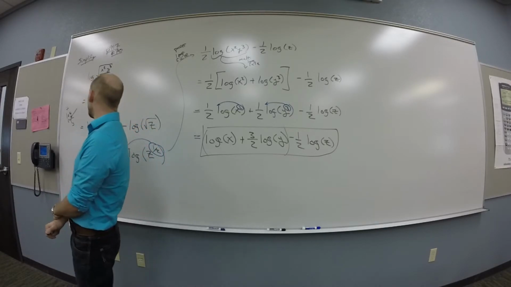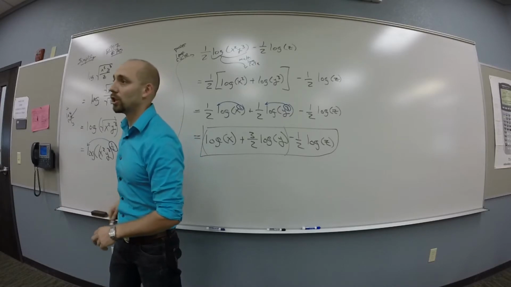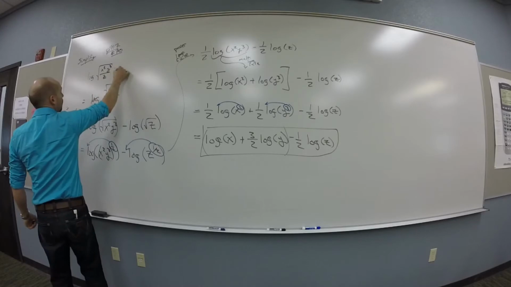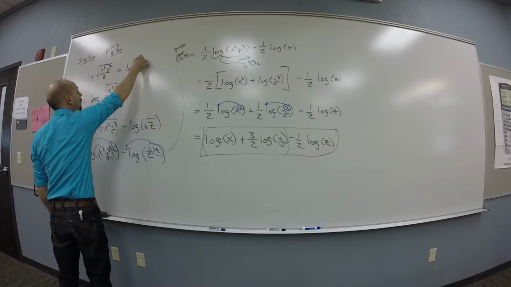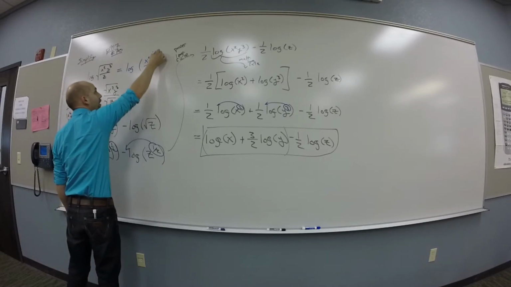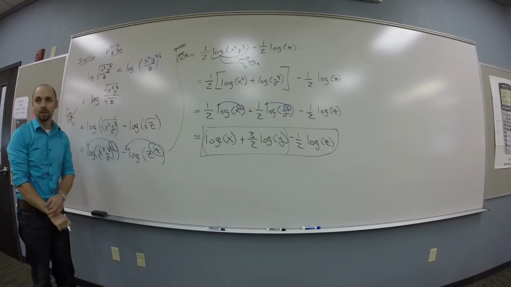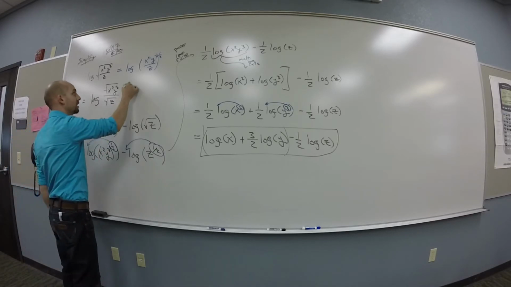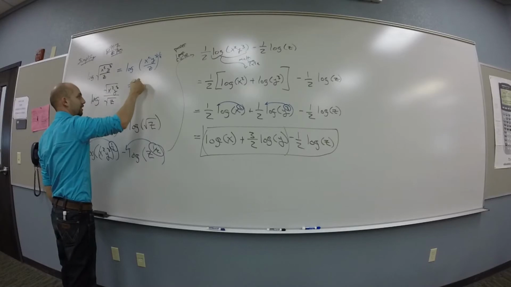So if we wanted to do this the other way, we would just think about this from the beginning as log of x squared y cubed over z to the 1/2 power. And then we would take our 1/2 out first.